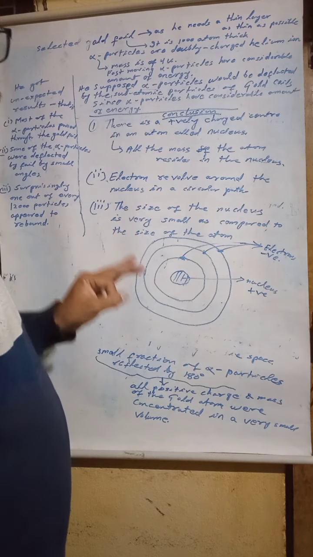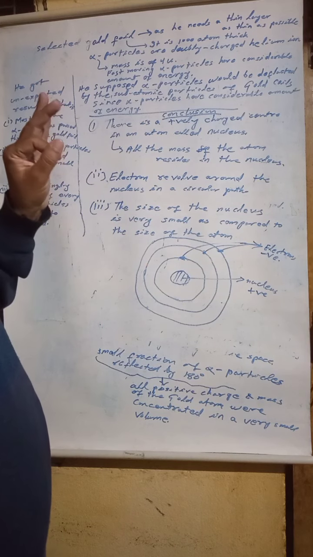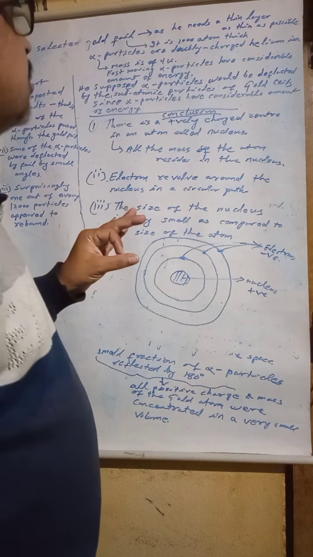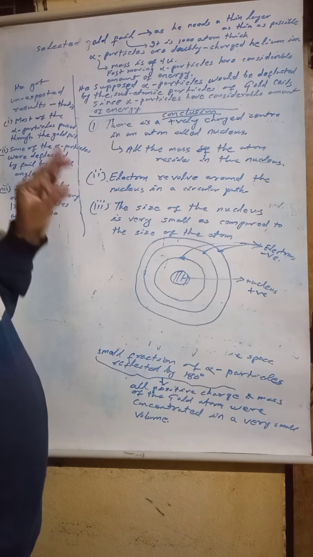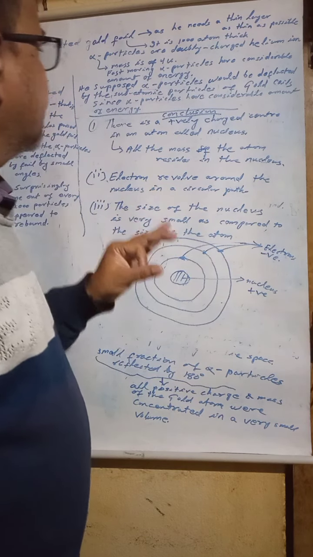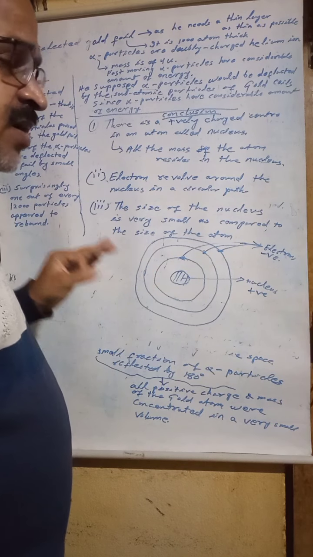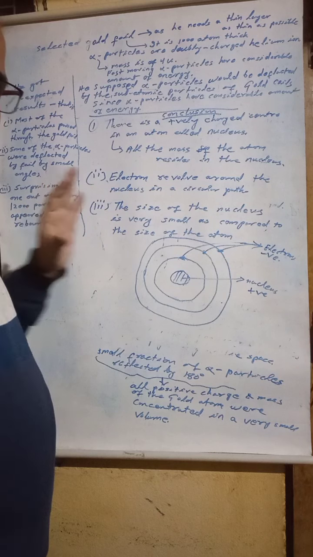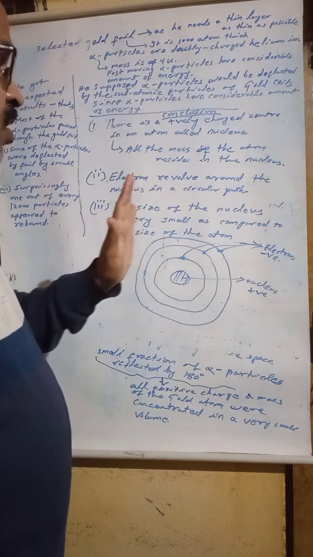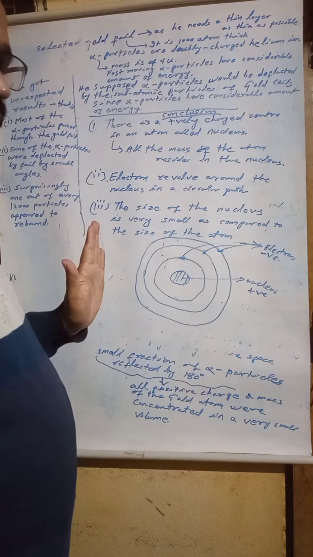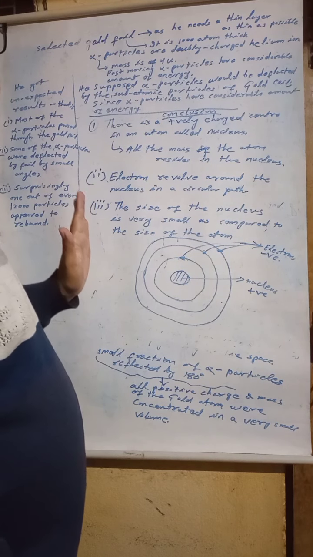So it has high speed, and being a doubly charged helium ion with considerable energy, it penetrates and passes through the thin gold foil.